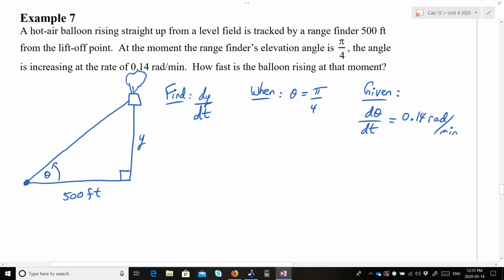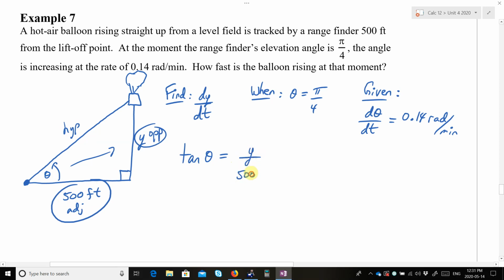Okay, so we need an equation involving theta and y, 90-degree triangle. This is the opposite side, and across from the 90 is the hypotenuse, so this is the adjacent. Opposite and adjacent comes from tan, so tan theta is equal to y over 500. And then differentiate both sides with respect to time.